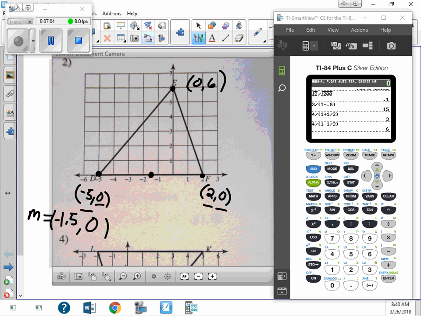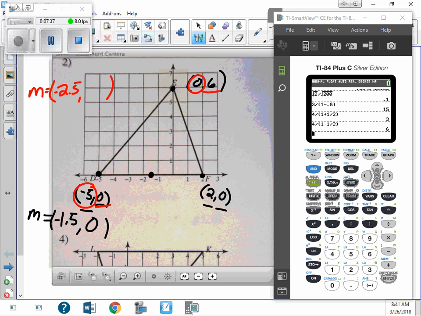Okay. For my second midpoint, let's do the top left side. -5 plus 0 is -5. Cut that in half. -5 divided by 2 is -2.5. So my second midpoint is -2.5, comma, 0 plus 6 is 6. 6 divided by 2 is 3. So if I go to -2.5, 3, I hit the second midpoint.